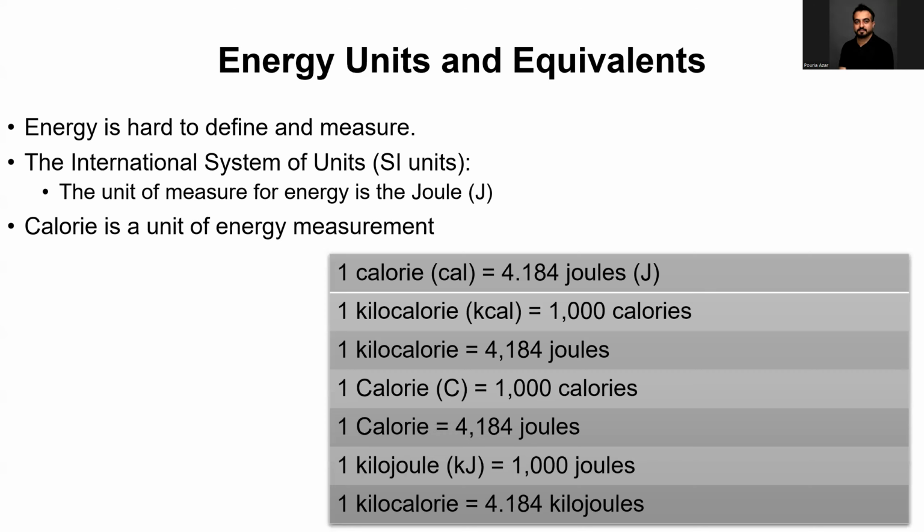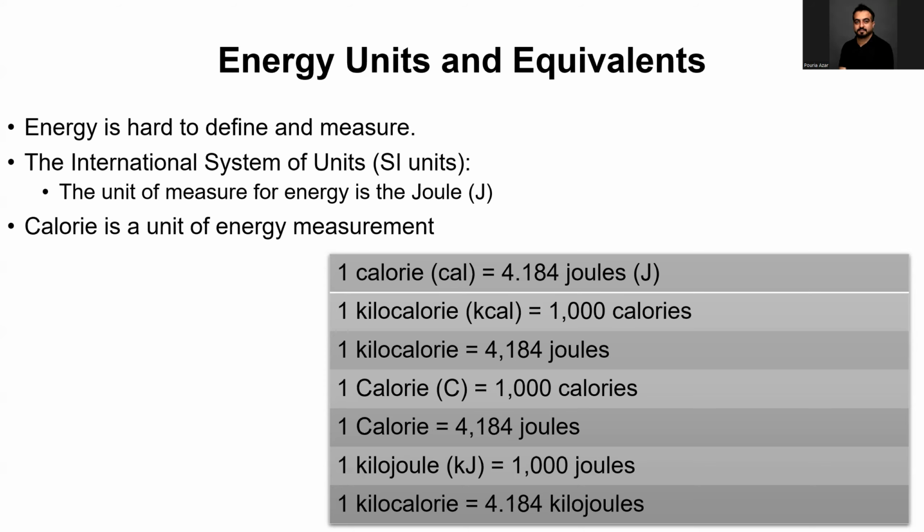We have also calorie, which is another unit of energy measurement. So we have joule and calorie for energy. These are the units. From this table, I would like you to memorize the first one.